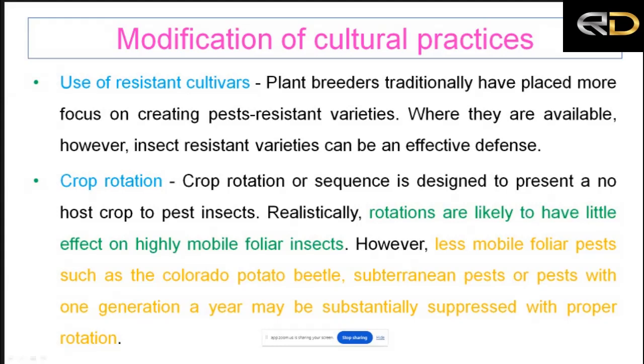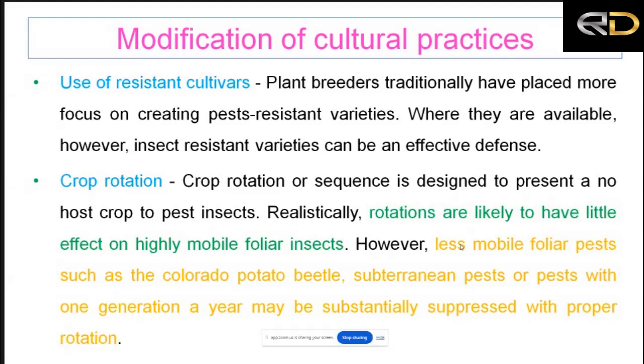But one thing is that if the pest we are targeting is highly mobile, meaning they can move from here to there very fast, crop rotation will not be helping that much.